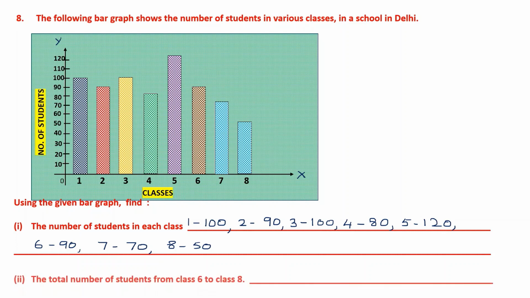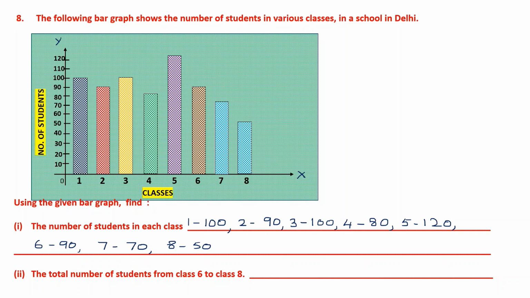Okay, our next question, the total number of students from class 6 to 8. So we have just written it down here, isn't it? 6 we have 90, 7 we have 70, and 8 we have 50. That means we just have to add up these three numbers. So let's do that. Class 6 is 90, class 7 is 70, and class 8 is 50.